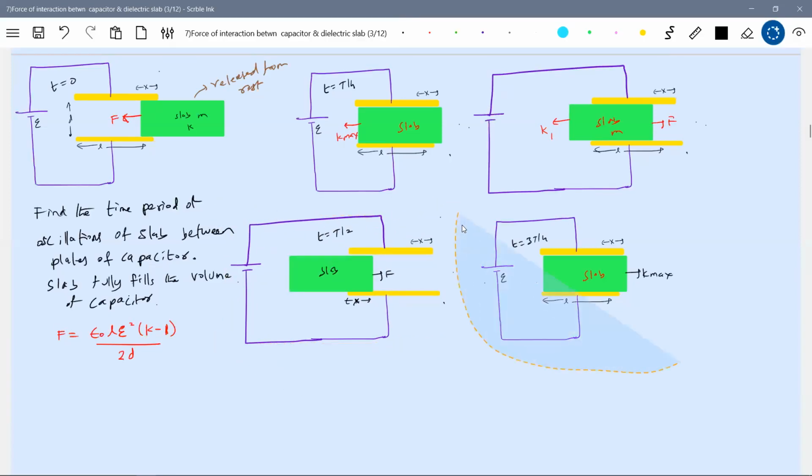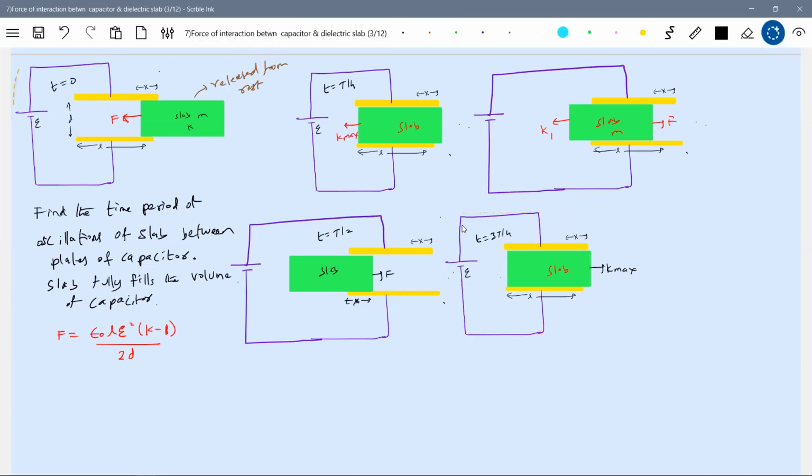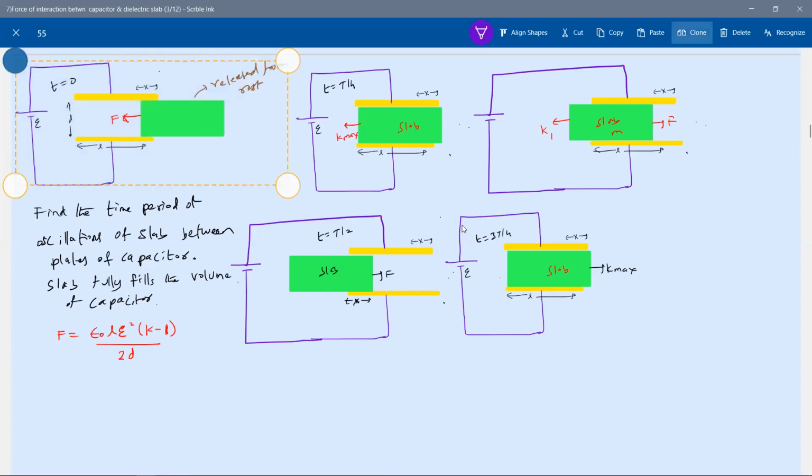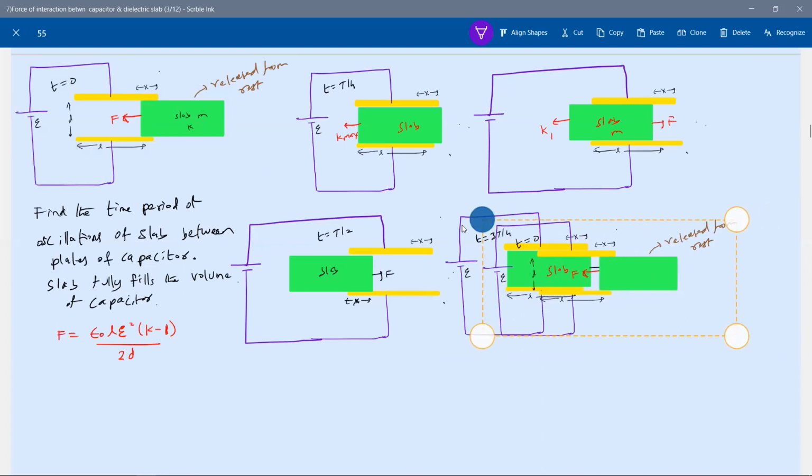I think I'm showing the whole situation on one page only. Do take notice here. Finally, it will come back like this. Is it oscillatory motion or is it SHM? That's the primary question we have to ask ourselves.